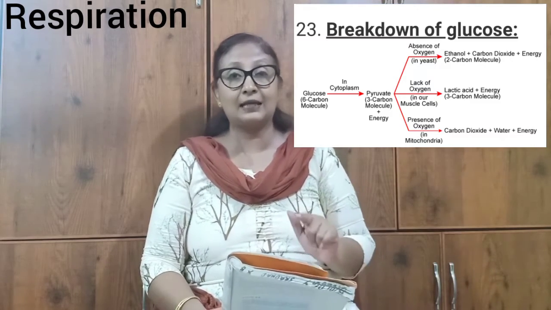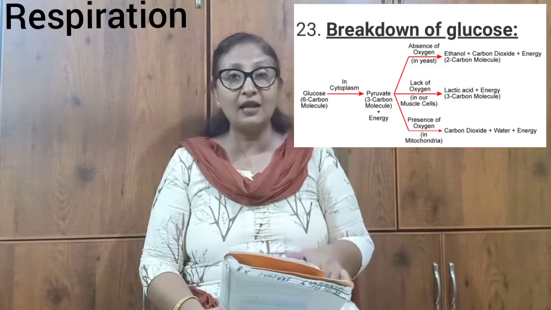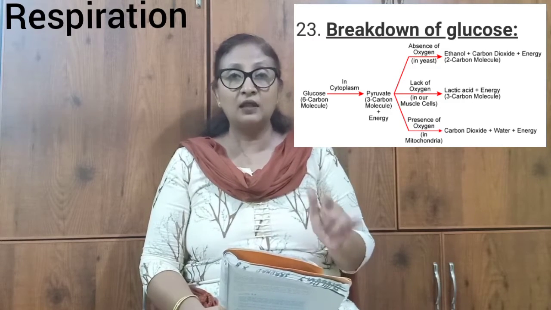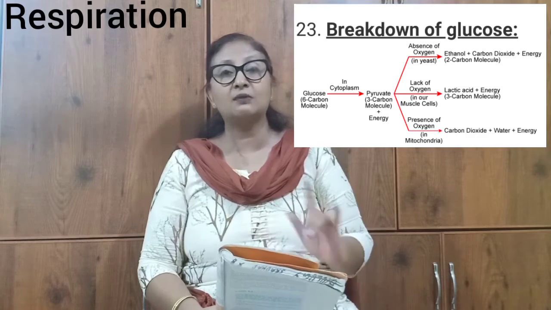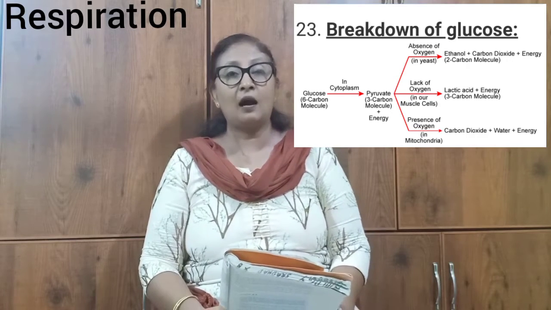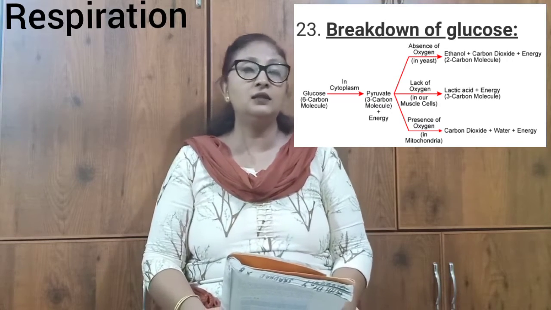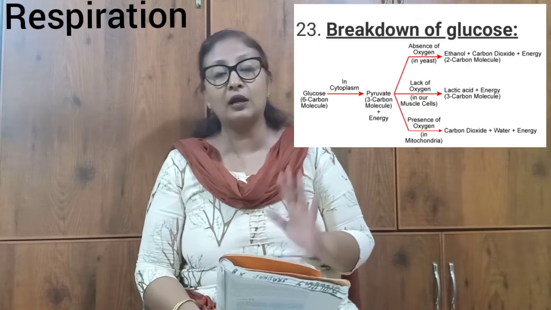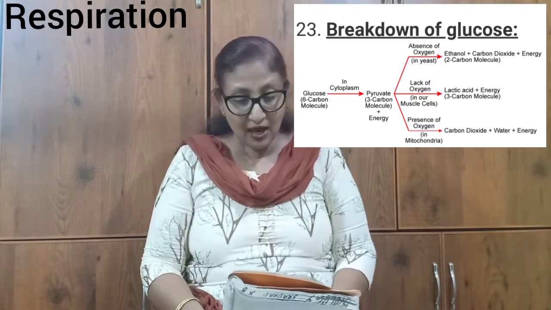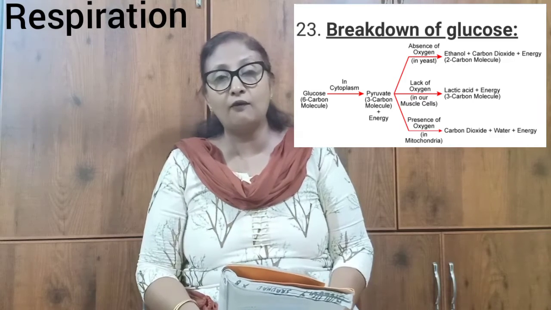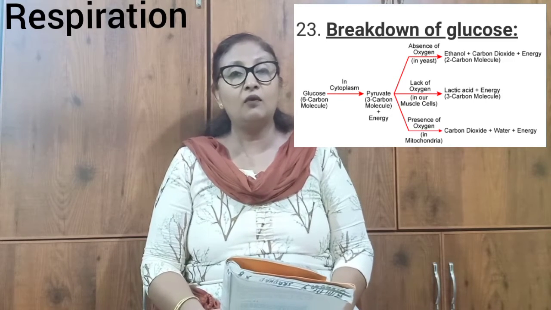Now in normal cells, that is in the mitochondria, this pyruvate is broken down to carbon dioxide and water, and energy is also released. Thus we have seen the breakdown of glucose in various pathways.